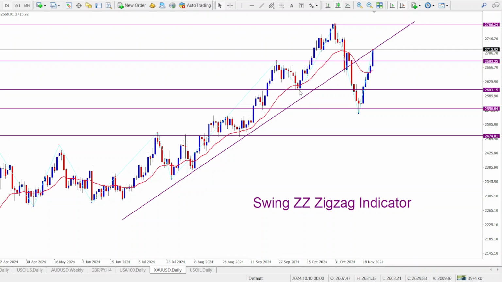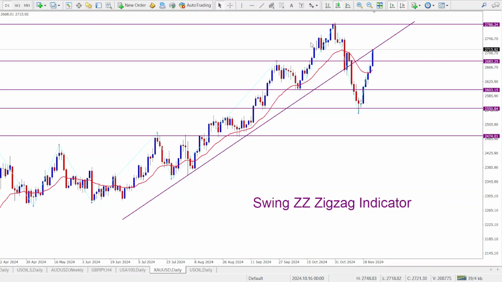So we would have considered entering a buy after we got that confirmation, and setting the stop loss below the swing low. For the take profit, we can consider using resistance levels, or we can wait for the corrective move to begin to form. We can wait for price to drop below the moving average, which is going to signal a sell move.